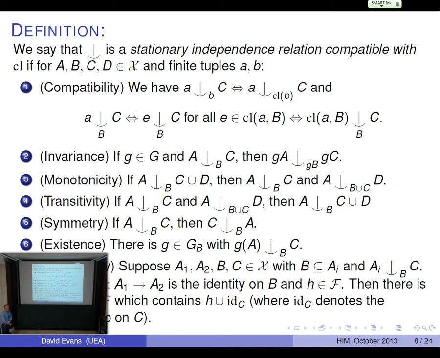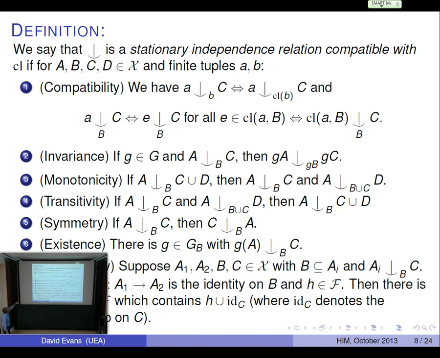So if A1 and A2 look the same over B, then they look the same over C, as long as A1 and A2 are independent from C over B.